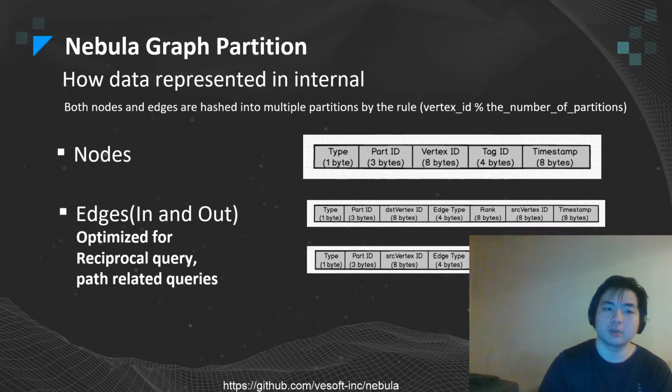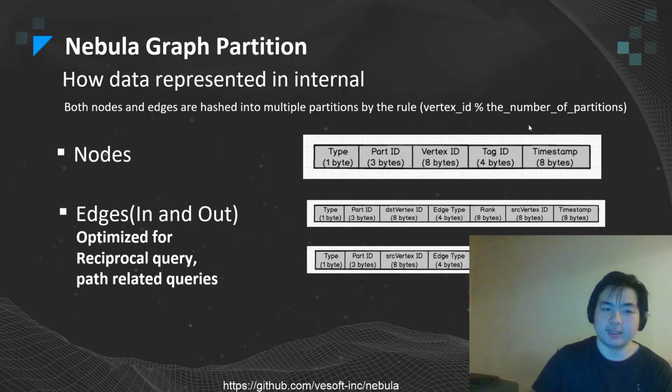For the memory model, we represent nodes in several parts, and I think the most important part is the vertex ID. Edges have two vertex IDs, and we have two kinds of edges: incoming edges to a node and outgoing edges from a node. Both nodes and edges are partitioned by a hash value, which maps the vertex ID to the number of partitions.